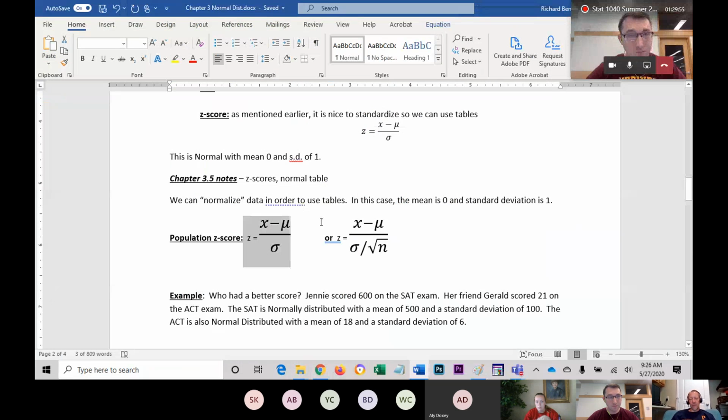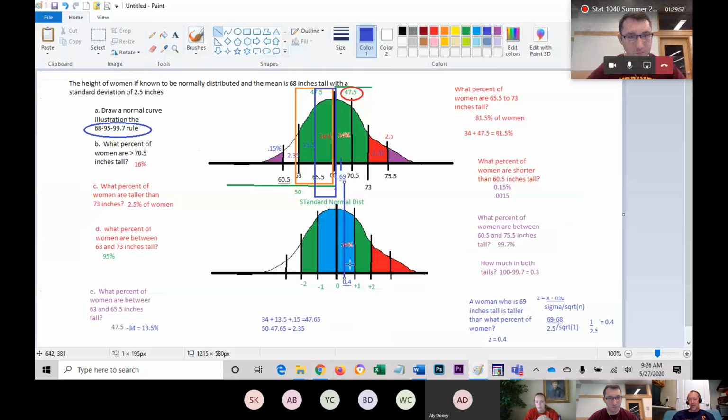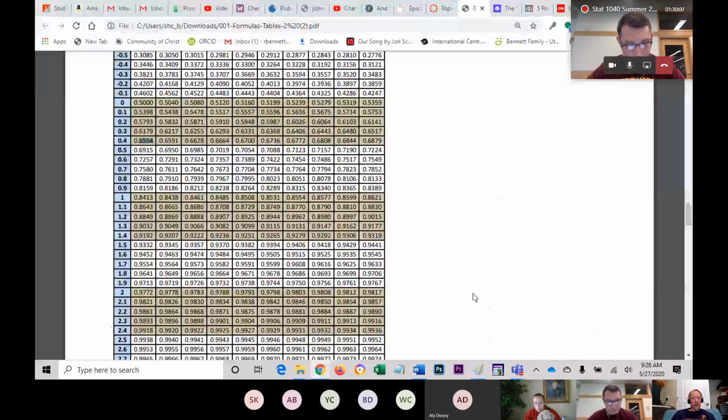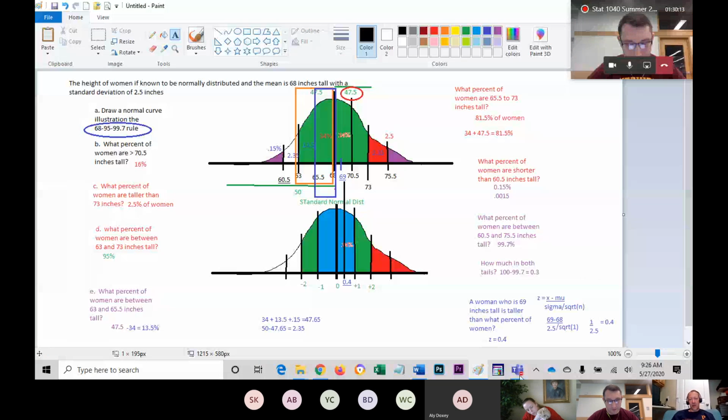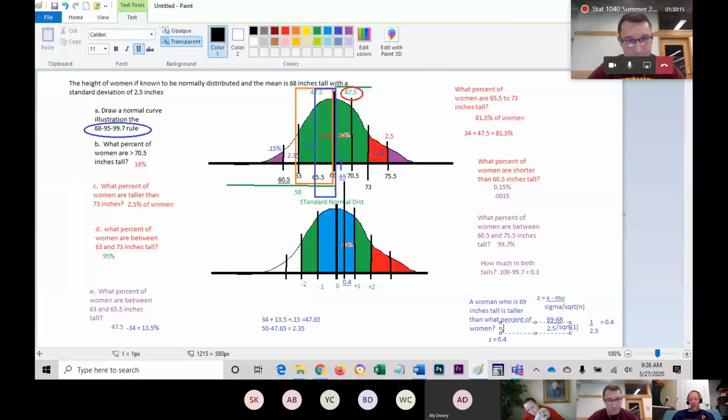So to answer this question here, a woman who is 69 inches tall is taller than what percent of women? And the answer would be what, according to the chart here? 0.6554, or 65.54% of women.